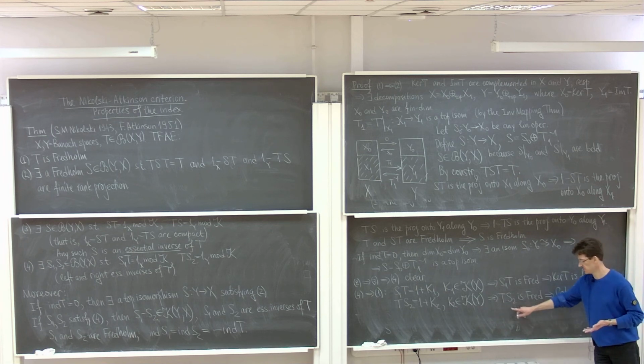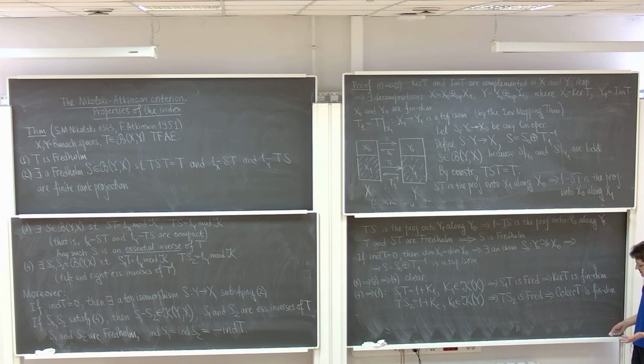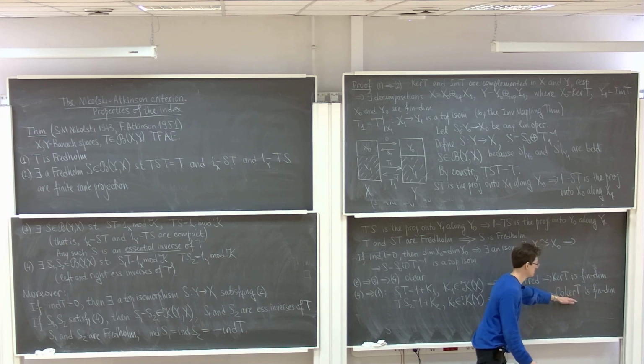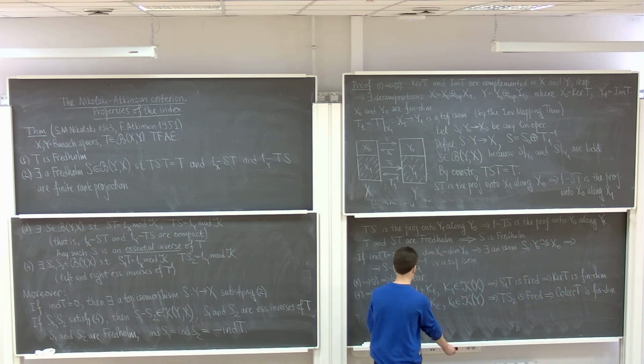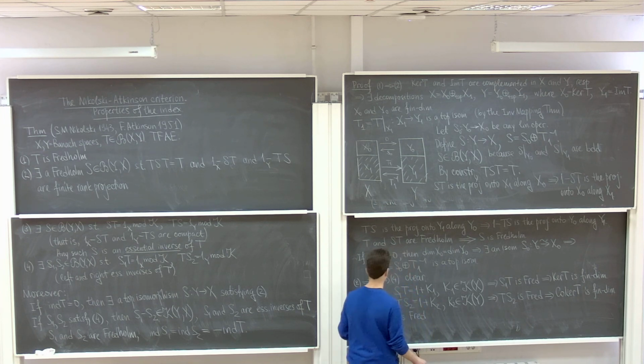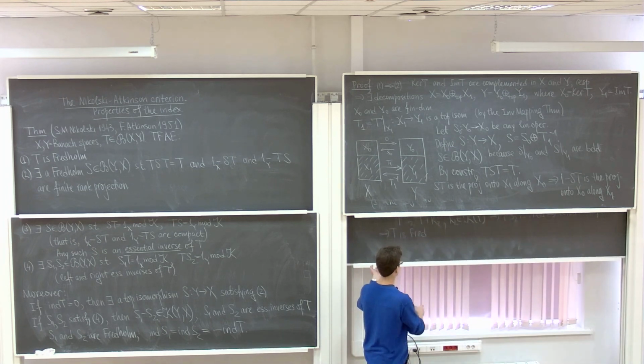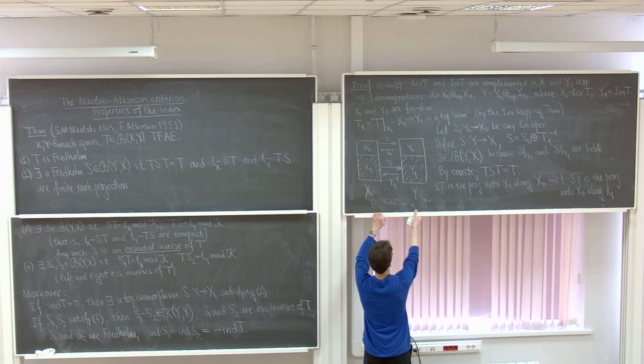So if a composition of two operators is Fredholm, then the second one, namely T, has finite dimensional co-kernel. So if we now combine these two statements, we see that T is Fredholm. So this completes the proof of our implications. So we now see that all the four properties are equivalent.